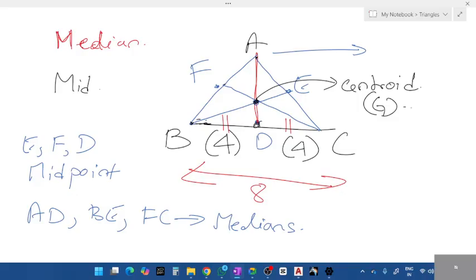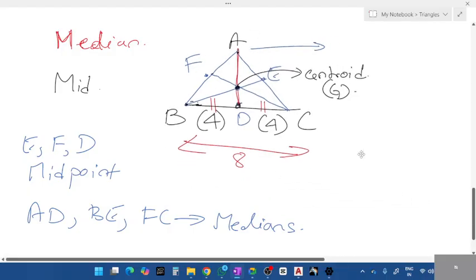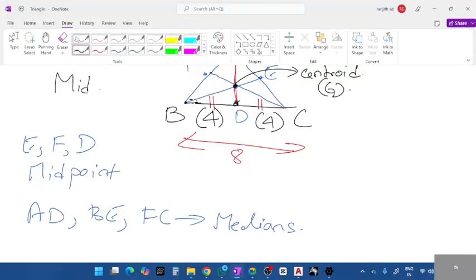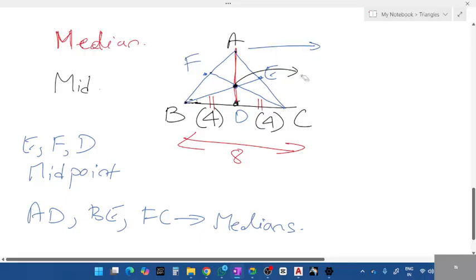Where all 3 medians meet? Centroid. So G is the centroid.